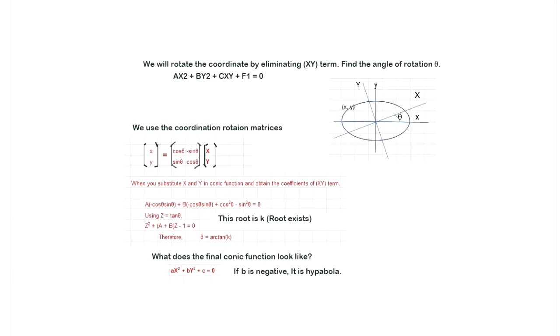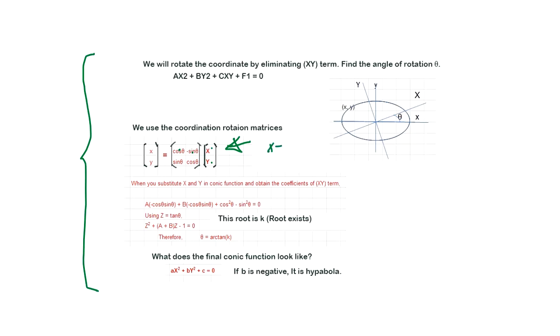Now, next one. I said in the beginning, this coordinate can be transformed by an angle, and this is the transformation equation. If you want to rotate by theta, it's going to be cos theta minus sine theta. Matrix, you remember the matrix, it's going to be this multiplied by this plus this multiplied by this.